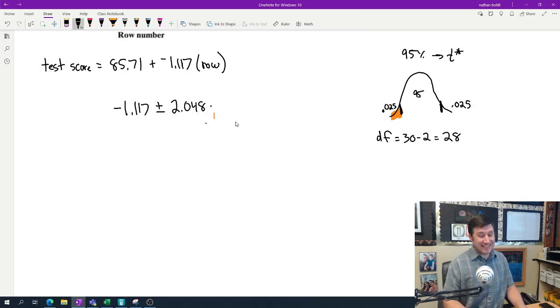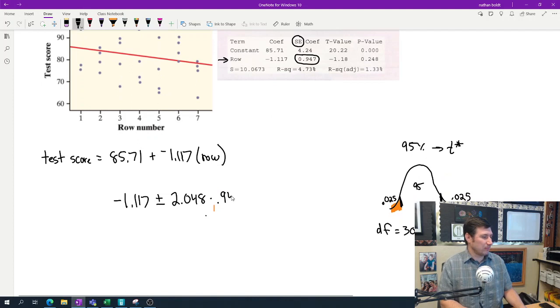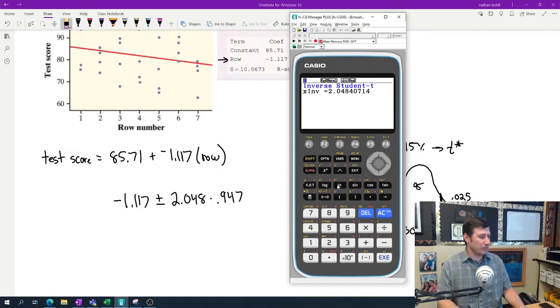Times, all right, and what is the standard error? So the standard error, that's the one I accidentally said was the slope before, right there. The standard error of the slope, this is the variable here for row, that is the slope, and 0.947. Type that into the calculator to see what we get for our actual interval. So negative 1.117.